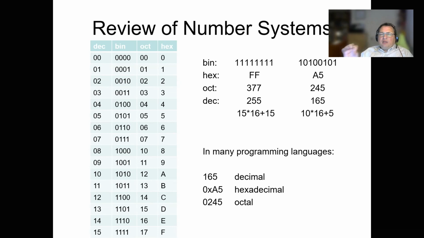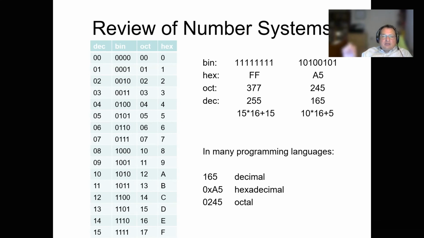When you type 165, the compiler, the interpreter, will automatically consider this a decimal numerical value. But if you provide a prefix, additional symbols like 0x, it will usually be interpreted, in languages like C, C++, C#, Java, JavaScript, as a hexadecimal value.